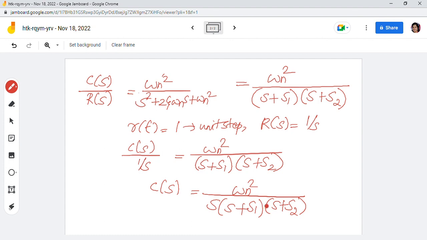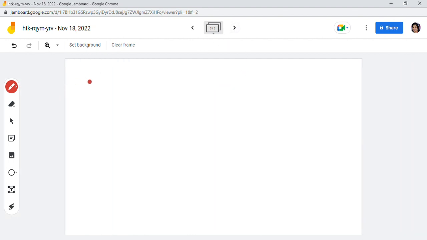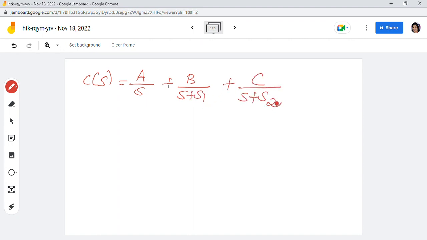Now we can apply partial fractions. So C of s equals a by s plus b by s plus s1 plus c divided by s plus s2. Now how can we do this? Omega n square divided by s into s plus s1 into s plus s2.